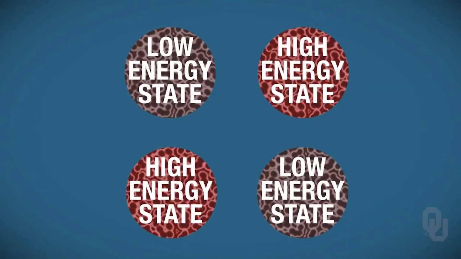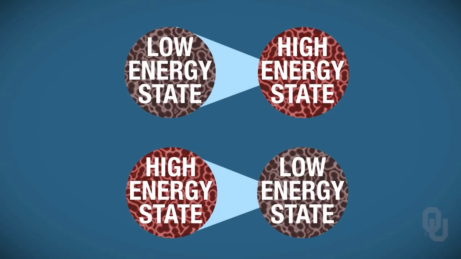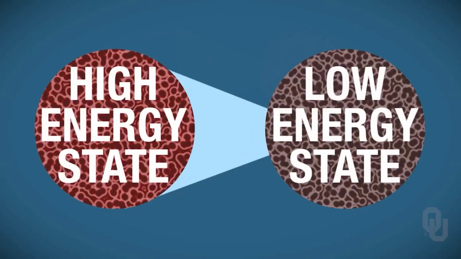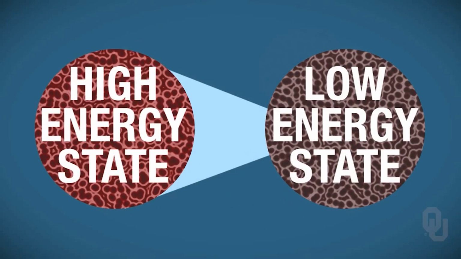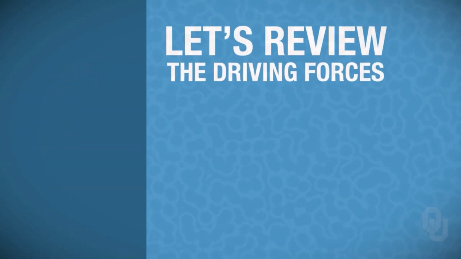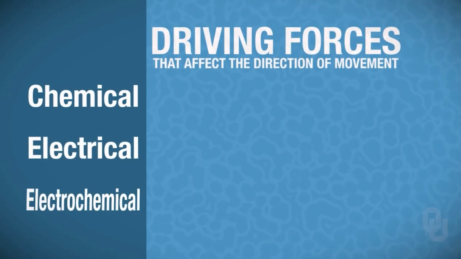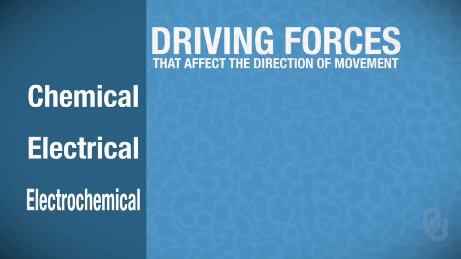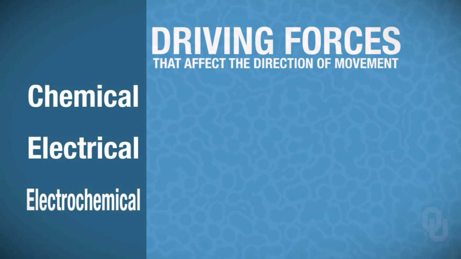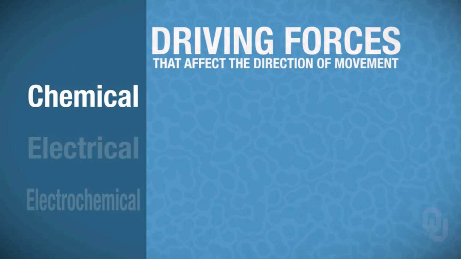This is an important concept wherein the movement will predict the molecules: from high energy state to low energy state. So there should be a driving force for these molecules to move. This can be chemical, electrical, or electrochemical. We're going to talk first about the chemical.